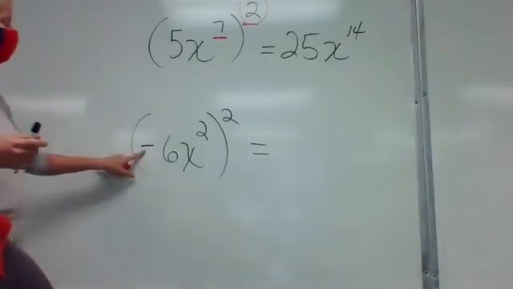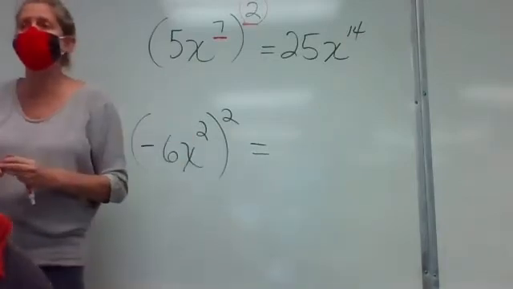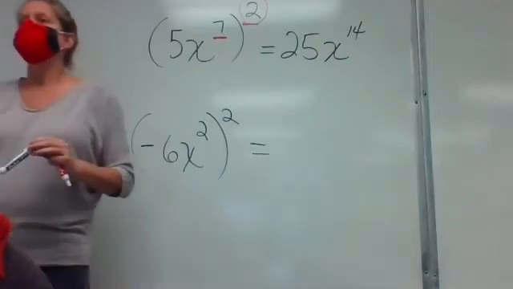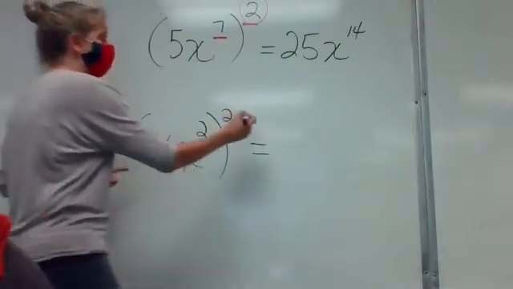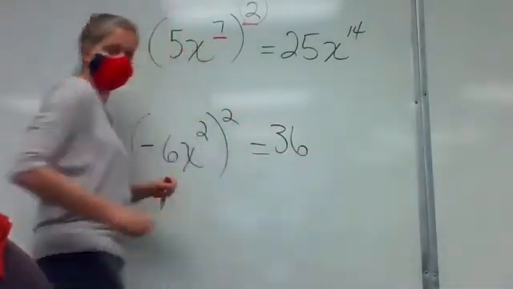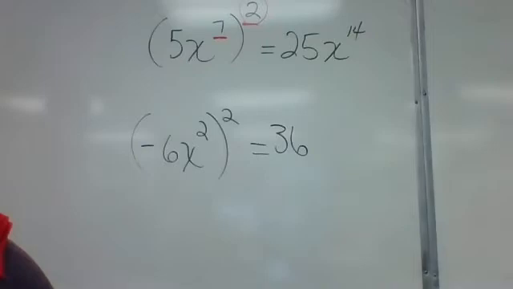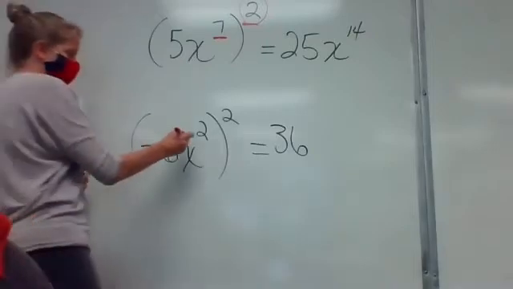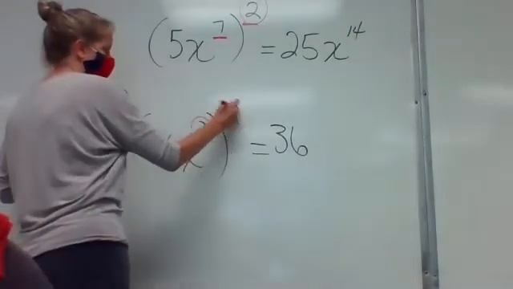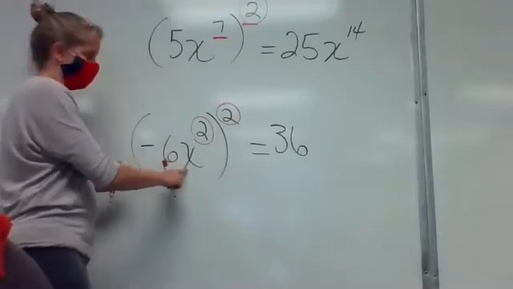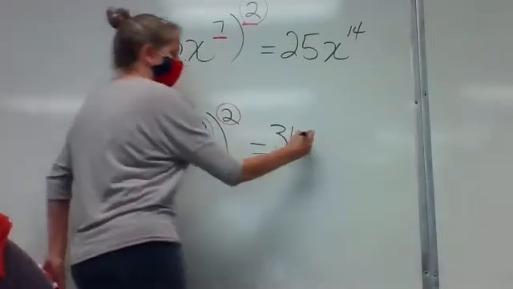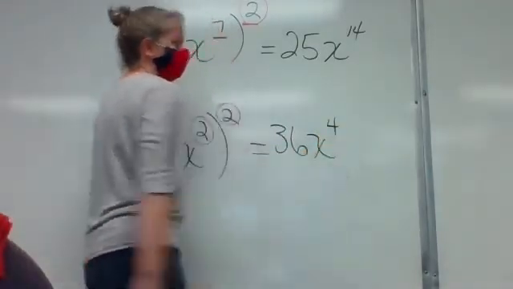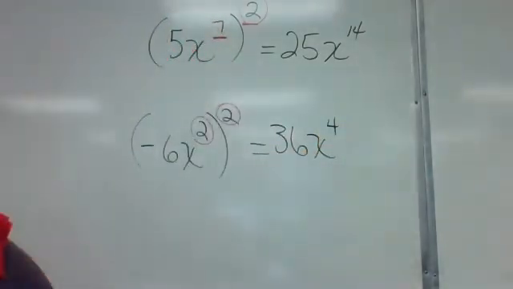Because what does -6 to the 2nd power mean you are doing? Right, -6 times itself, which actually gives you positive 36. Now, what's the exponent rule tell me to do here? I'm raising this x to more than one exponent, which means I'll multiply those exponents together and get x to the 4th. So this is number 1.